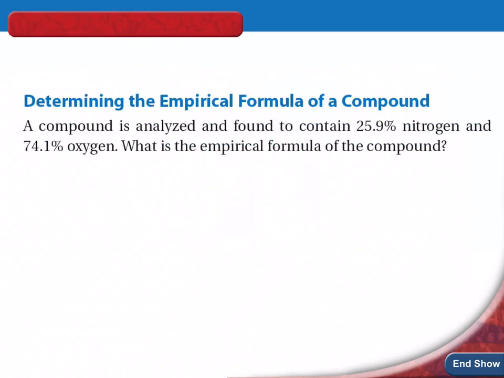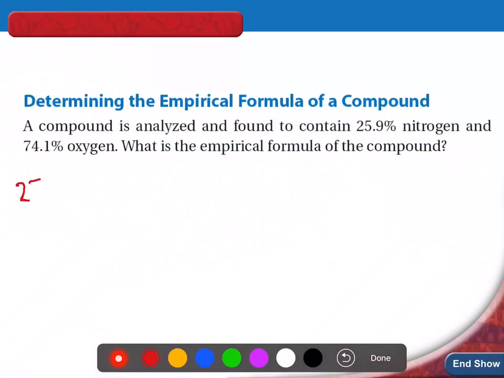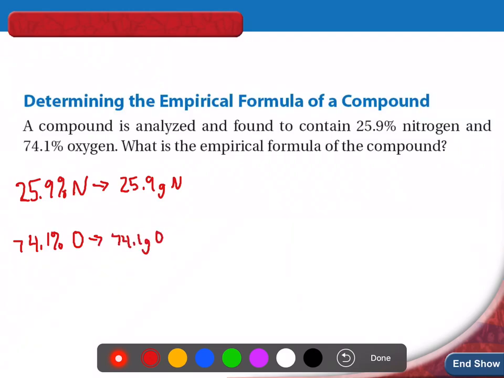So we have a compound that has 25.9% nitrogen and 74.1% oxygen. So the first step was just to convert it to grams. So assume a 100-gram sample, that means we have 25.9 grams of nitrogen and 74.1 grams of oxygen.